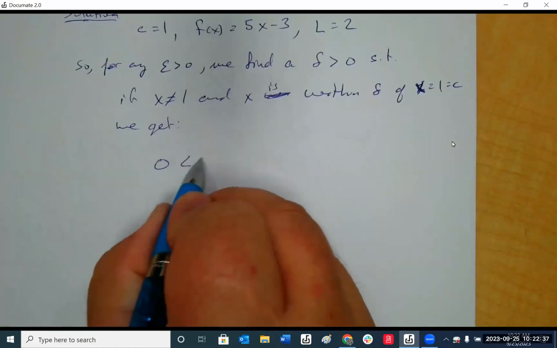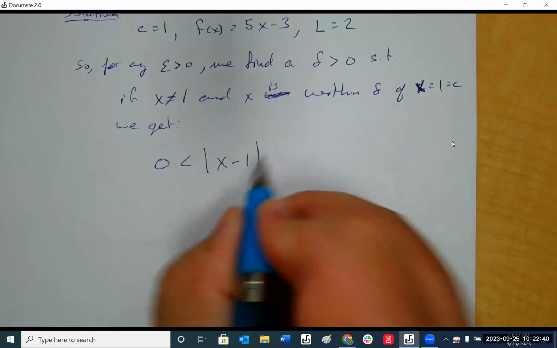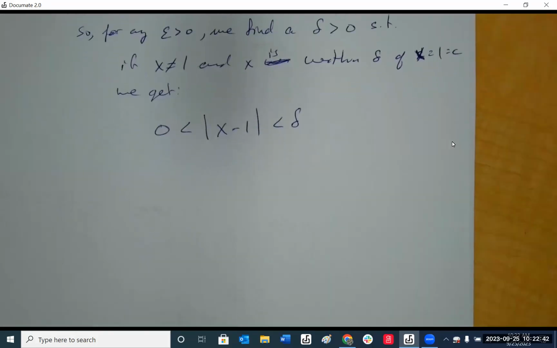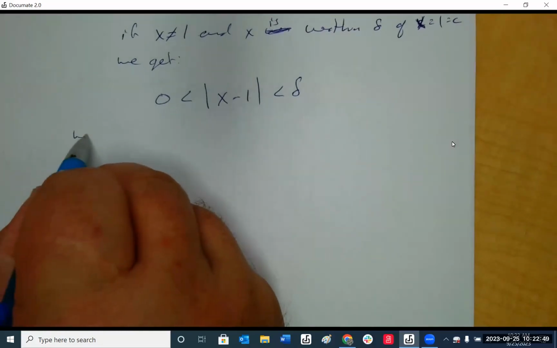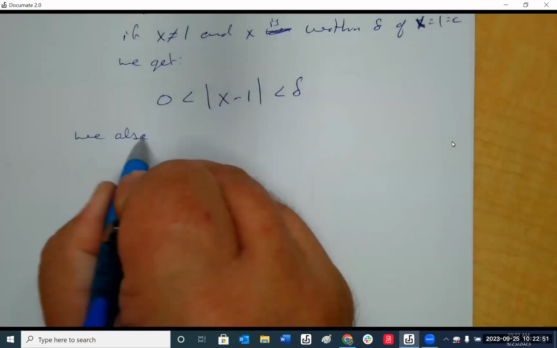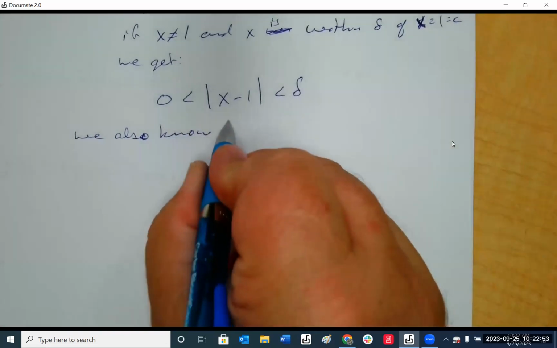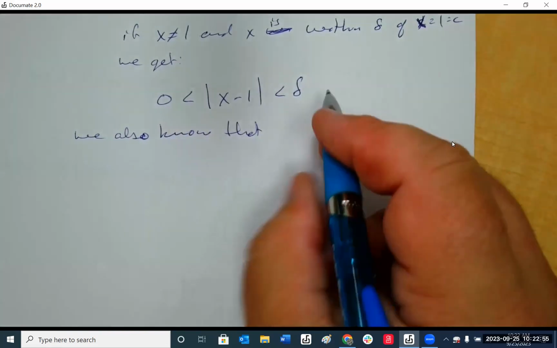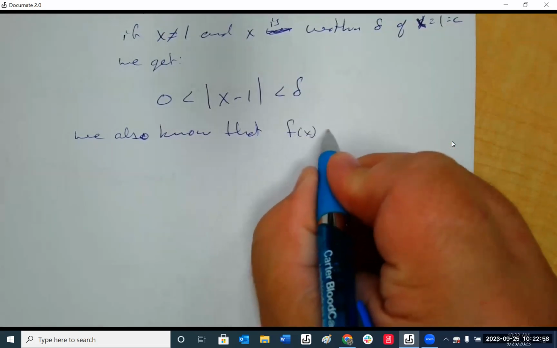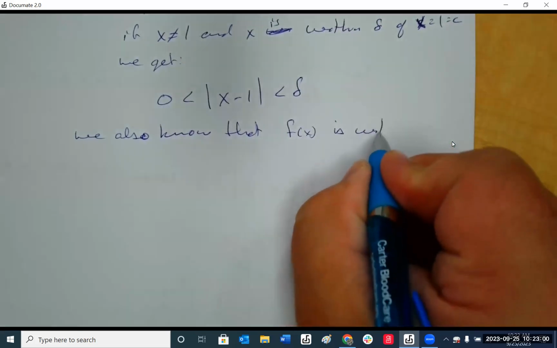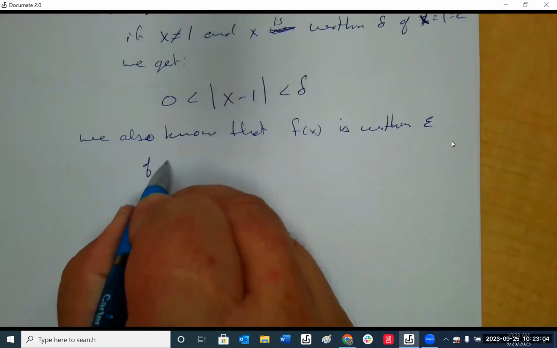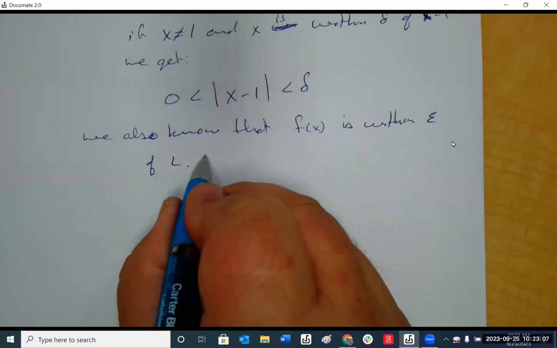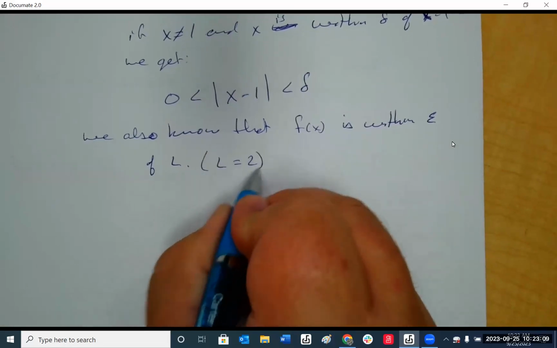we get absolute value of x minus 1 is less than delta. We also know that f of x is within epsilon of L. Here in our case, L equals 2.